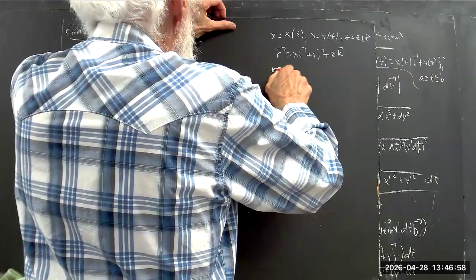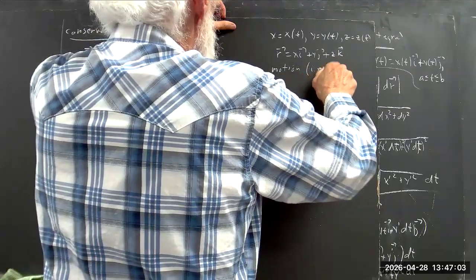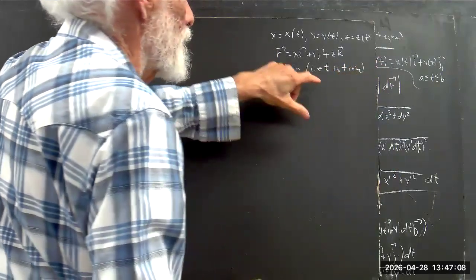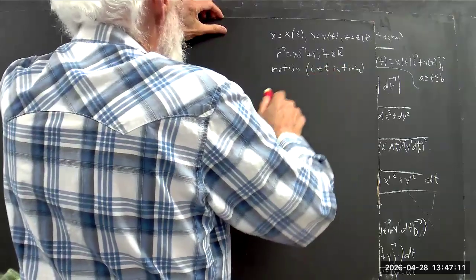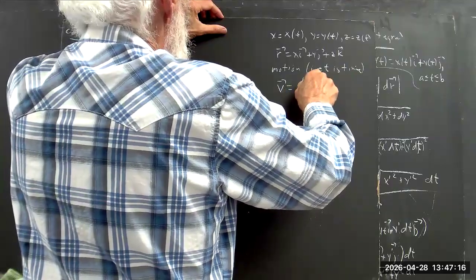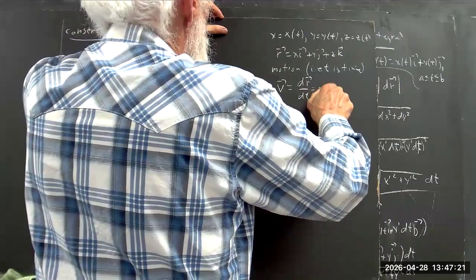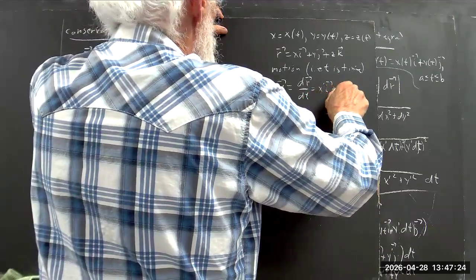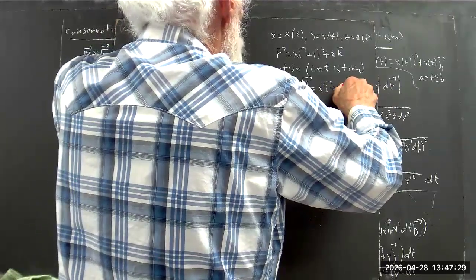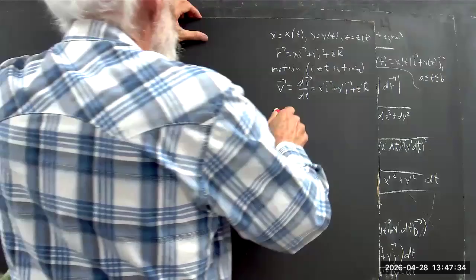If you do motion, which you would be if t is time, then your velocity vector is dr dt, which is x prime i plus y prime j plus z prime k.